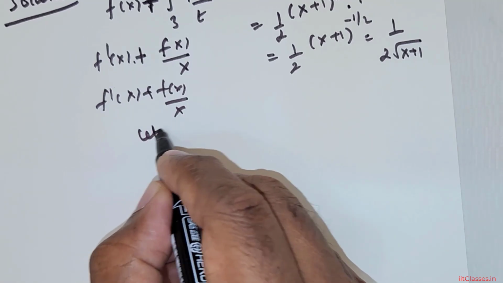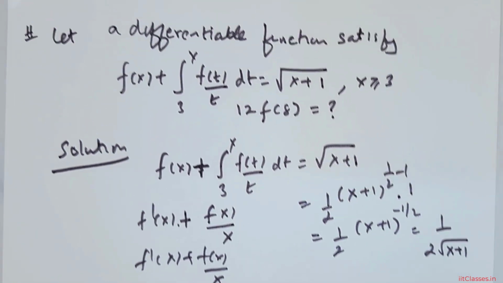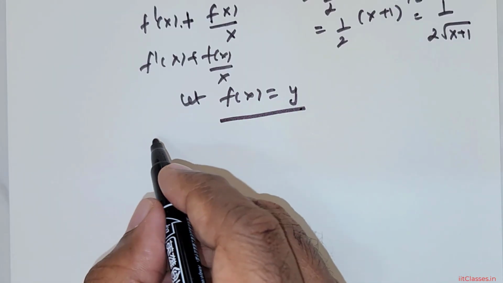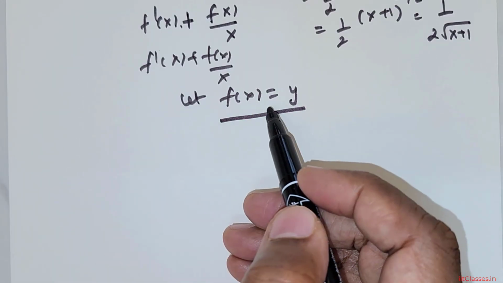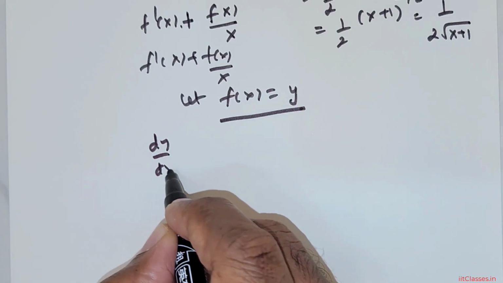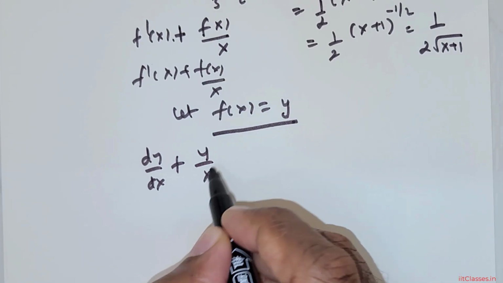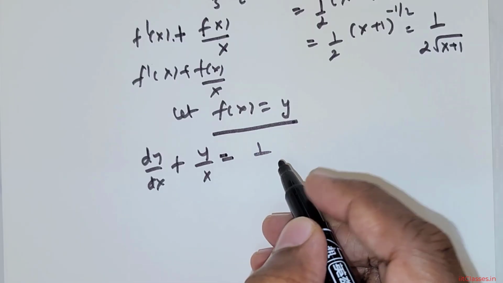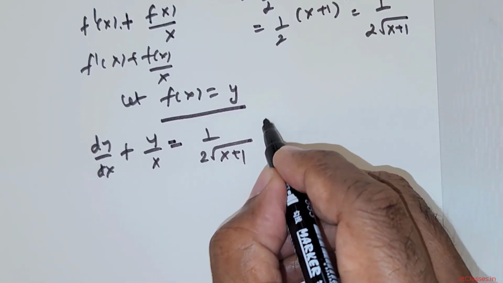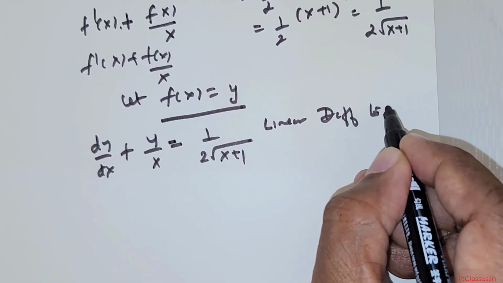So if I were to take f(x) to be equal to y, I hope you're watching it, then the above equation can be rewritten as: f(x) is y, so f'(x) is going to be dy/dx, plus f(x) is y, so y/x is equal to 1/(2√(x+1)). Now what is this? This is a linear differential equation.